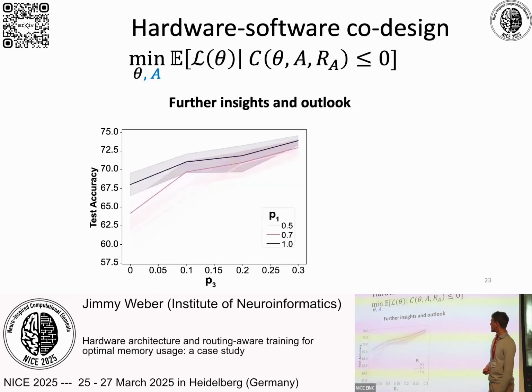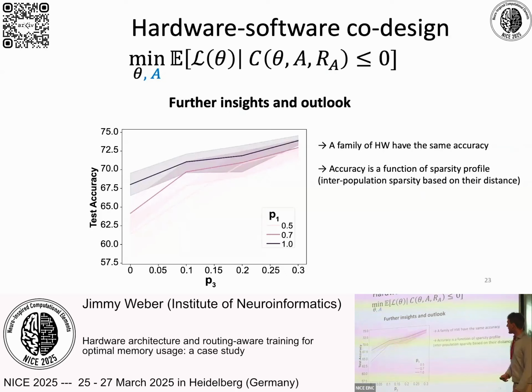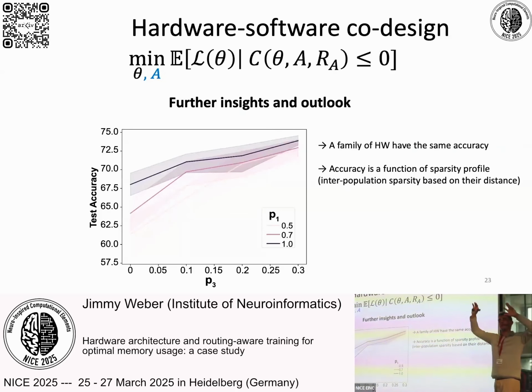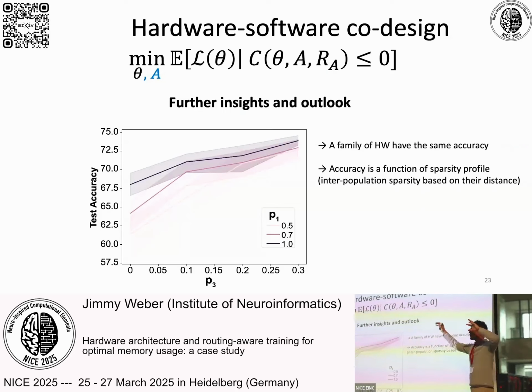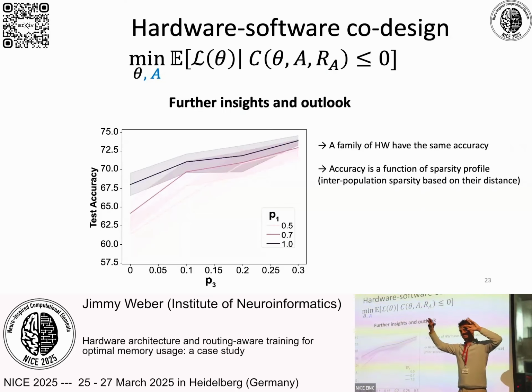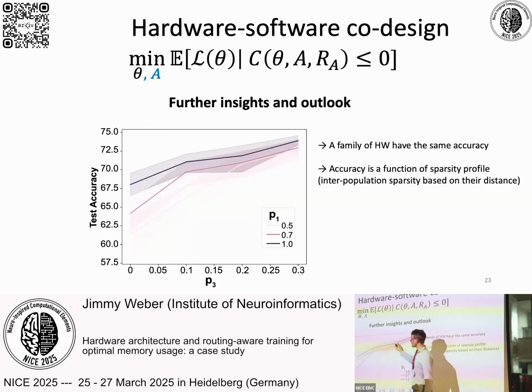Another interesting outlook, so further insights and outlook, is that when sweeping around the two dimensions, so P3 and P1, which are basically characterizing your hardware, we observe that the standard deviations of the accuracy were quite low, which indicates that a family of hardware have the same accuracy, but also it indicates that if you have populations that are of different distances apart, and you are constraining the sparsity of those different populations, then only the sparsity would determine the accuracy.